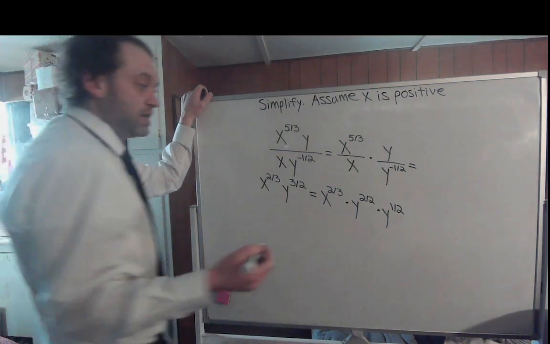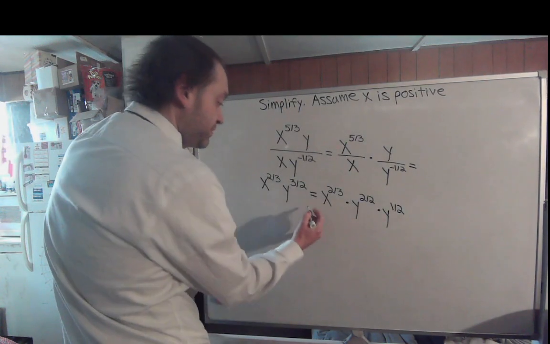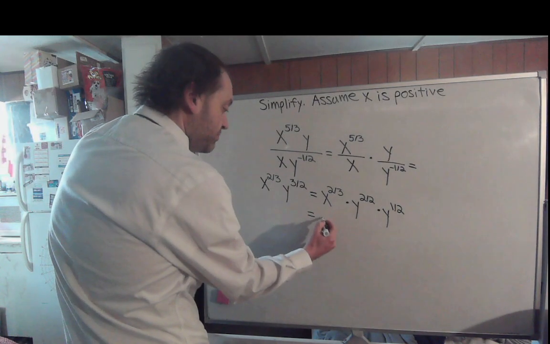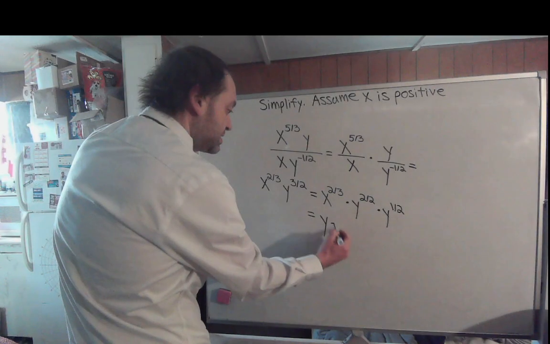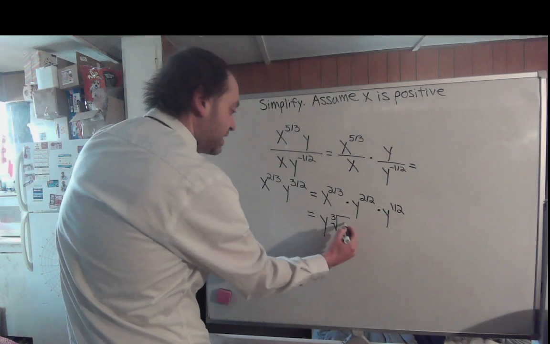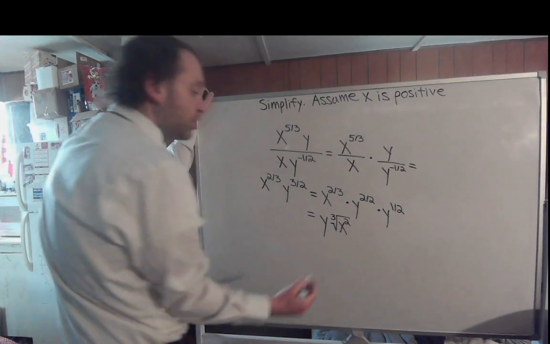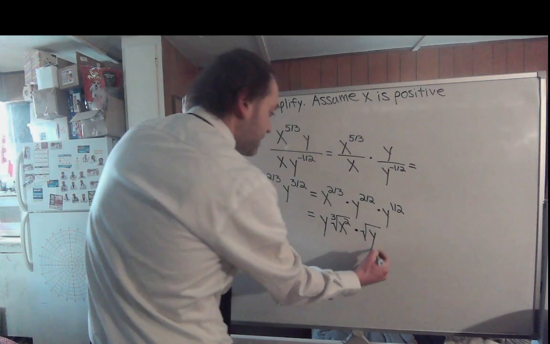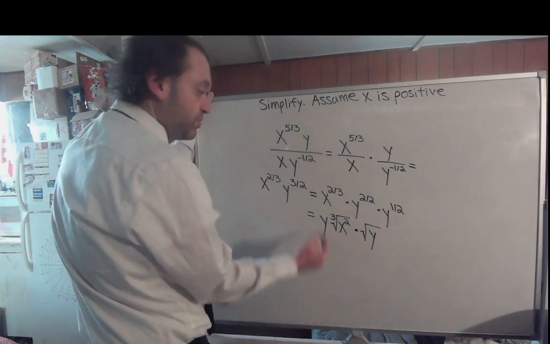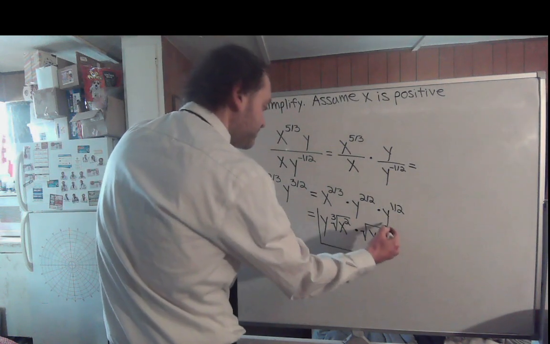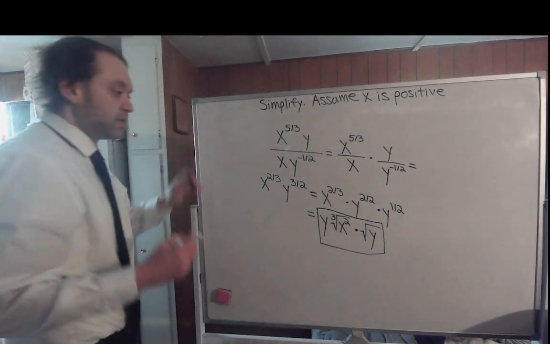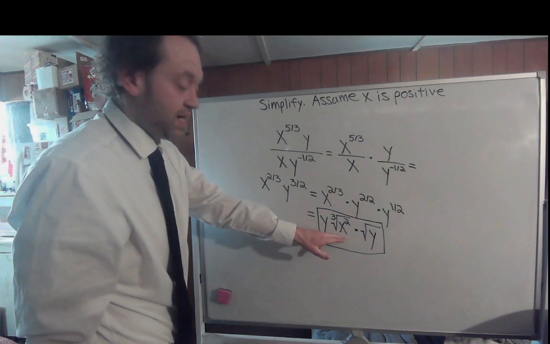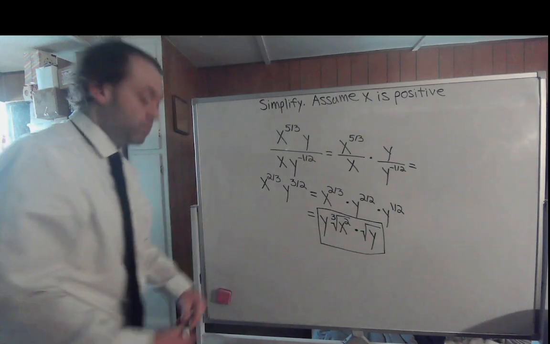So if you factor this further, you would have y times the cube root of x to the second power times the square root of y. That's the best way you can factor that, since you have y to the 1/2. So you'd end up having y times the cube root of x to the second power times the square root of y.